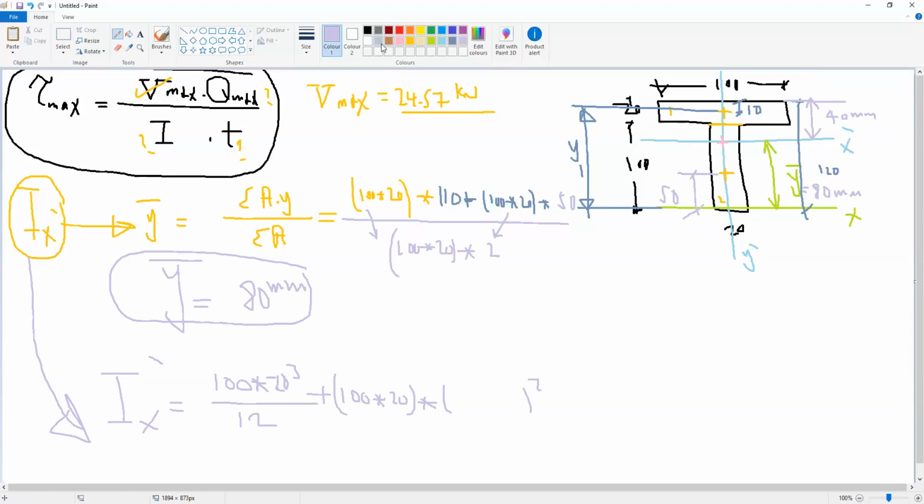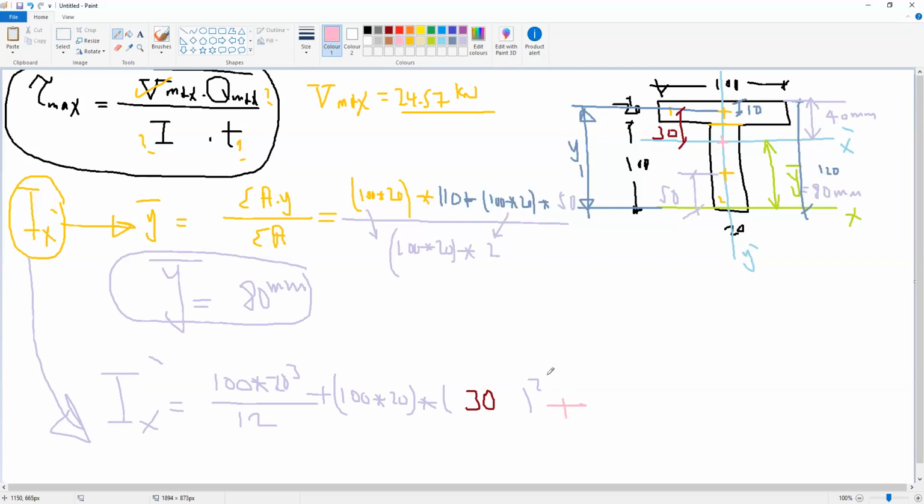What is y here? Y here is the distance from the centroid of area 1 to the centroid of the whole section. This is y1. So if this is 40 and this is 10, this will be 30 millimeter.